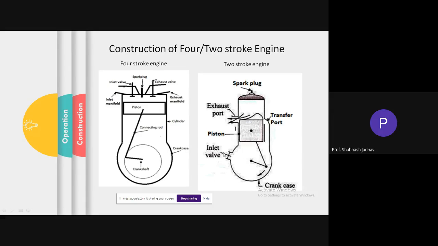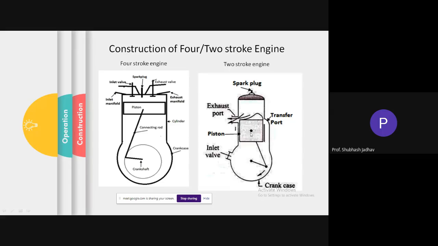So there will be a tendency to move in this direction. But due to the higher pressure inside the crankcase, this wall will get closed, and therefore the mixture is trapped over here.